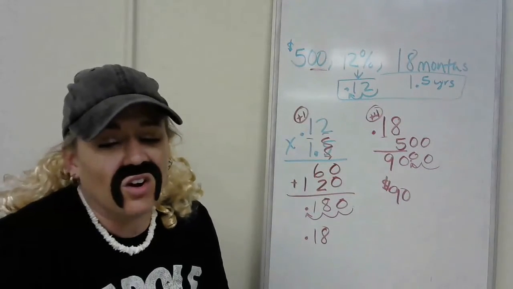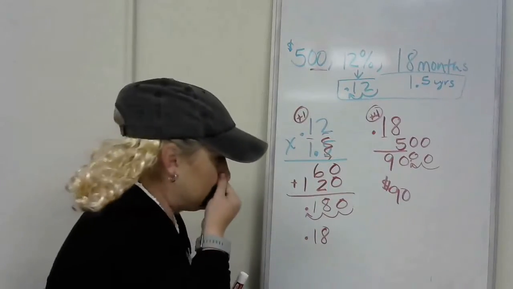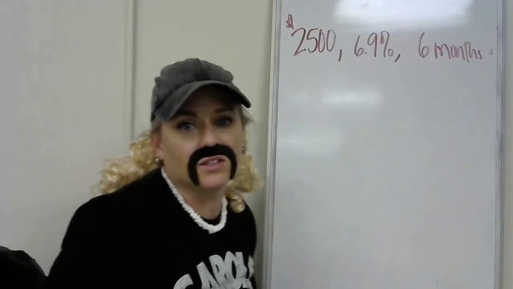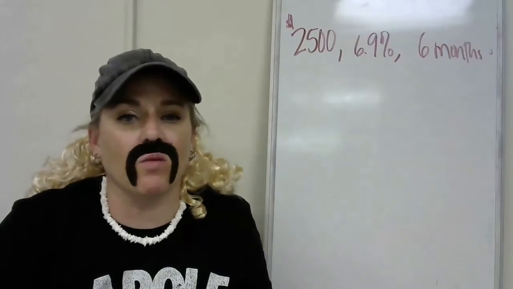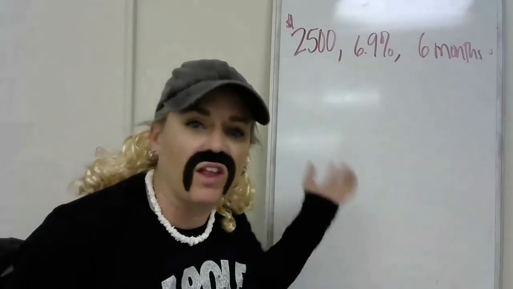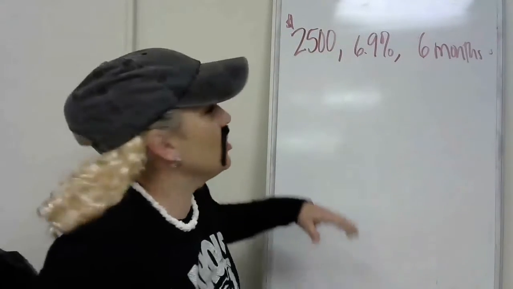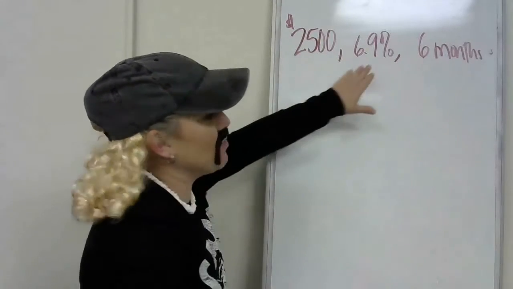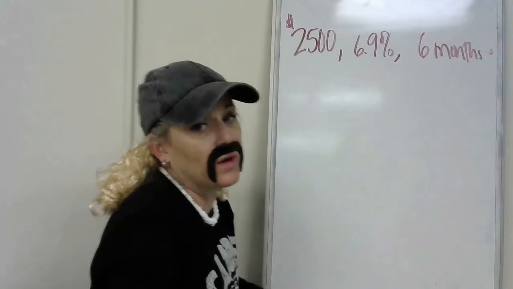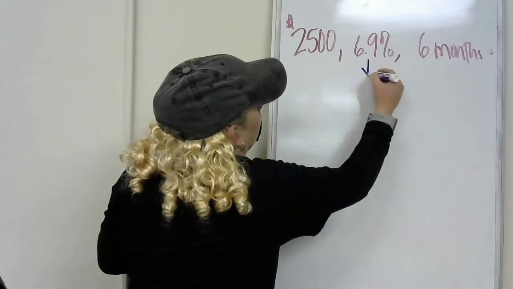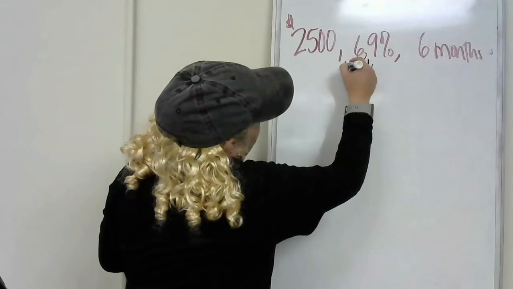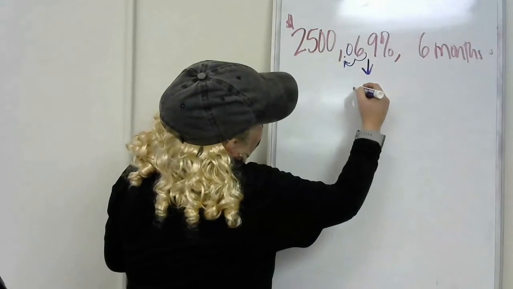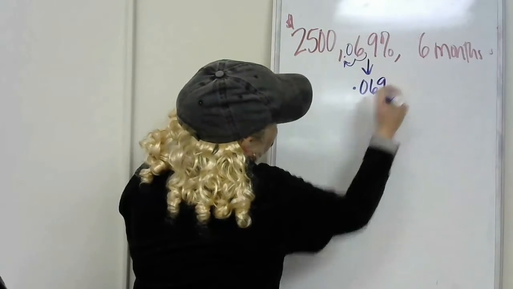That's pretty easy. All right, guys, so now this is what we're going to do. And we could do this next one a little different too. All right, guys, so we're going to do this a different way. I worked it out. I went back and deleted it because I feel like this can be easier. So let's look. We got 2,500. I'm going to go ahead and turn this 6.9% interest into a decimal, and that's going to be moving it twice, right? So it's going to be 0.069.